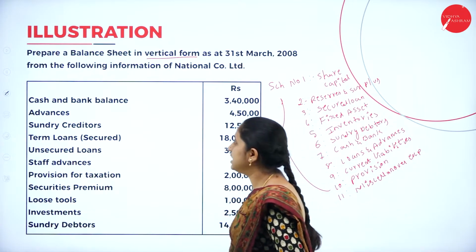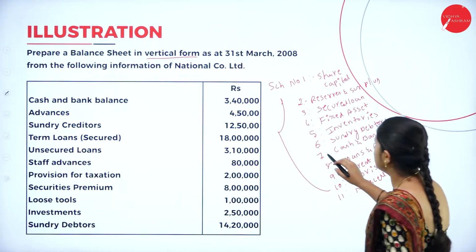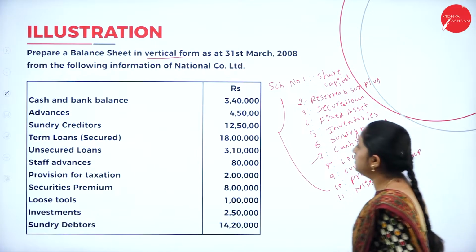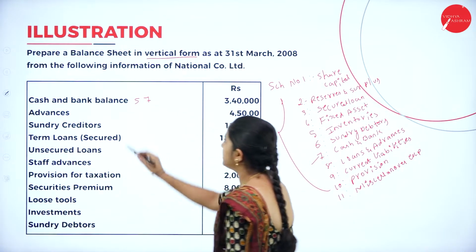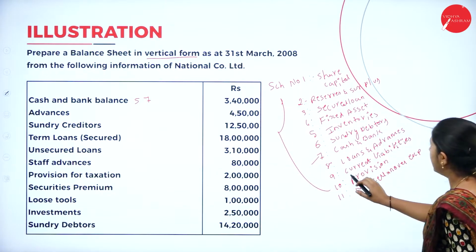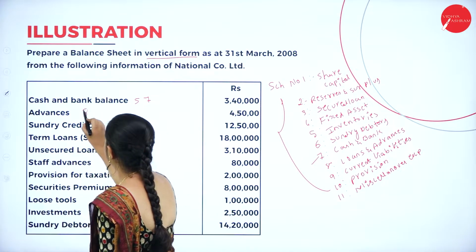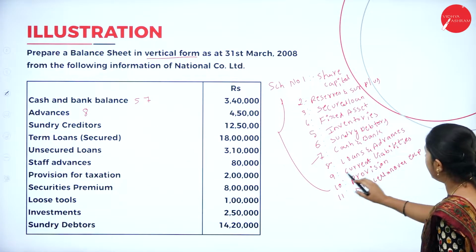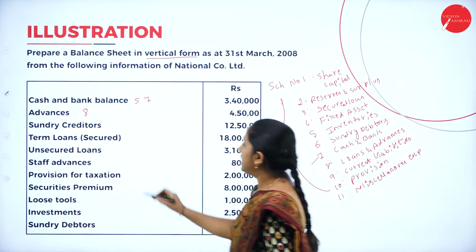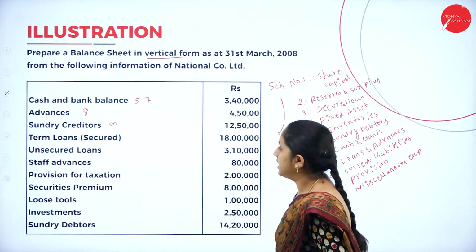First, identify schedules. Cash and bank balance comes under schedule 7. Next, advances: loans and advances, schedule 8. Sundry creditors come under current liability, so write schedule 9.